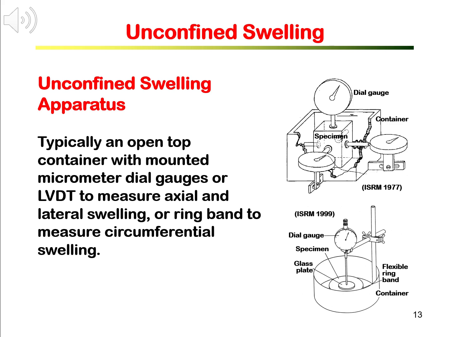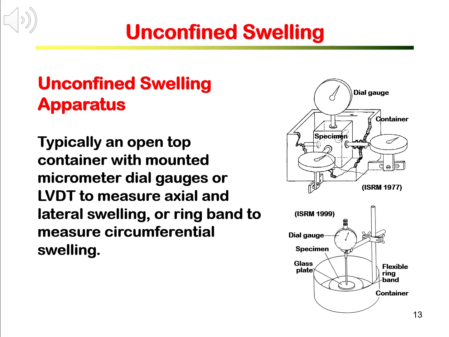The axial swelling deformation is measured by another micrometer dial gauge or LVDT fixed on the top. The specimen can be a cube or a circular short cylinder.